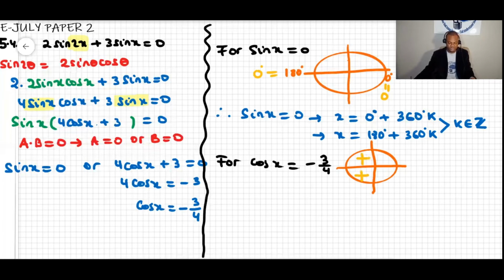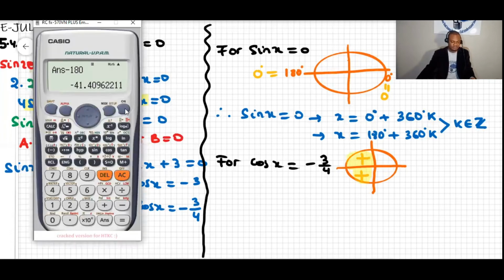So my solution must be over here. This is where cos is negative. Then this is what I want to do. Let's type it in the calculator.